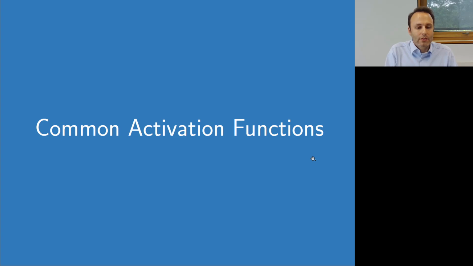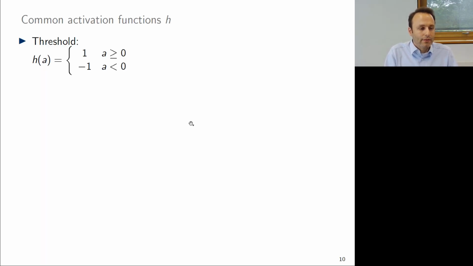And so what are these activation functions? Let's take a look at some common ones. So here is a threshold function that, whenever what you put in crosses 0, so it's greater or equal to 0, is giving a 1, or a -1 otherwise.